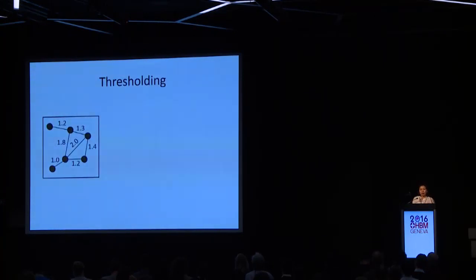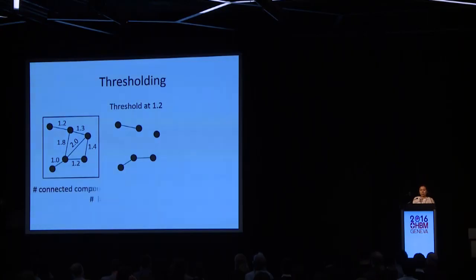But the problem is that depending on the threshold, the number of connected components and holes is different. In this example, the edge weight is defined by the distance between nodes. If we threshold it at 1.2, the edges whose weights are smaller than 1.2 are connected.